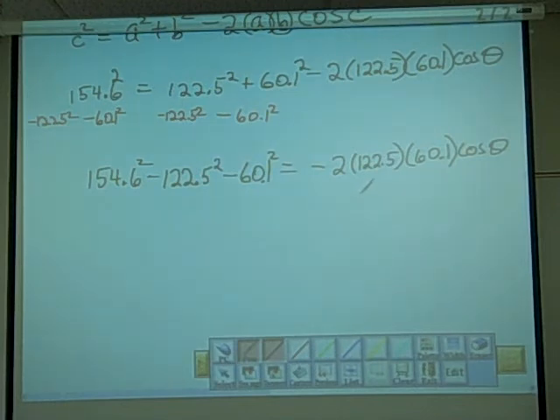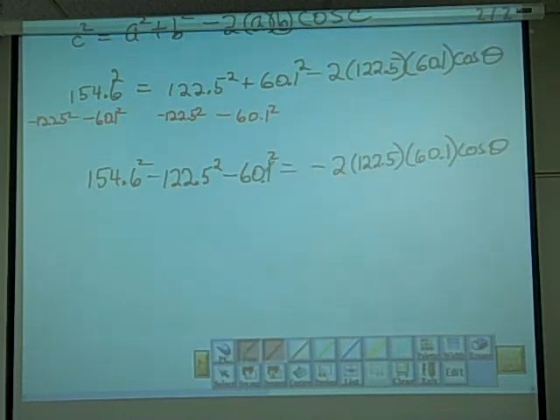So now, you might want to go ahead and find out what the left side is, find out what the numbers are on the right side, and then you might find it easier to work it that way. So let's try that.